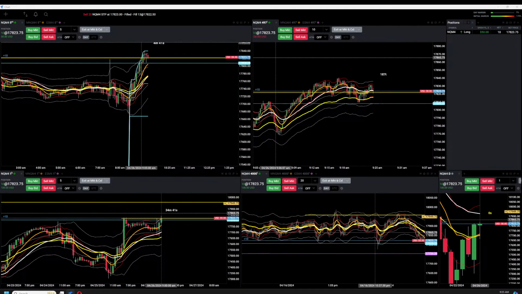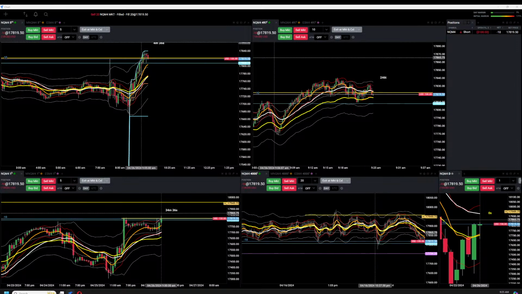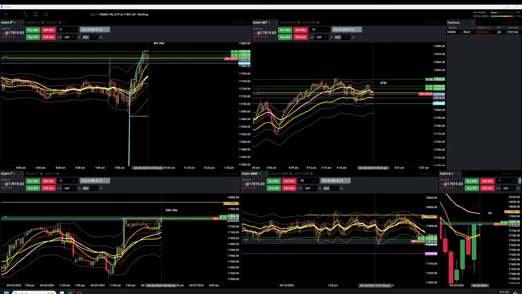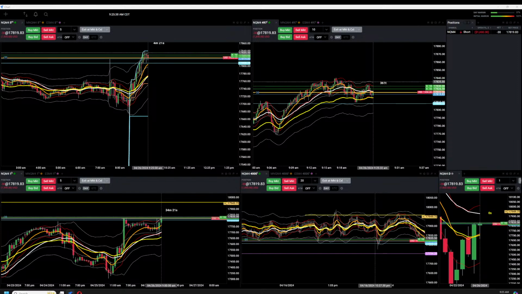I don't like how skittish it is here. All right, I'm short now. Put tight stops around this. Is that kind of a bad short because it's right at the RDA test on chart 2? But we'll see. If I get taken out, then I'll sit on my hands for a bit.